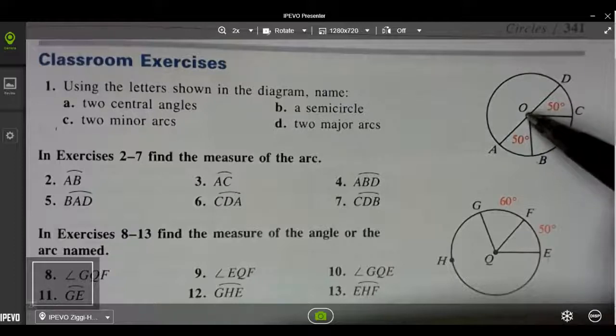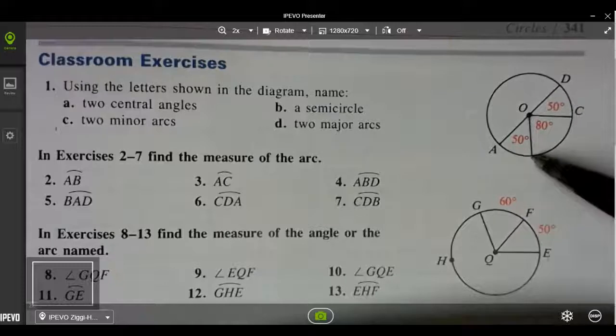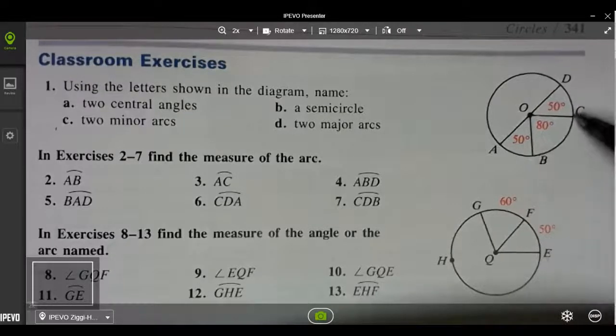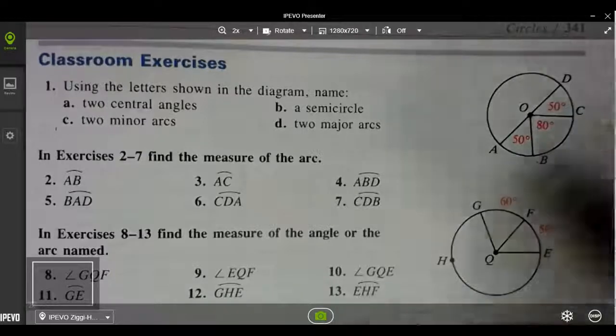The O has to be in the center where the vertex is. Also, DOB will also be a central angle, and AOC will also be a central angle, as long as it has a vertex at the middle.